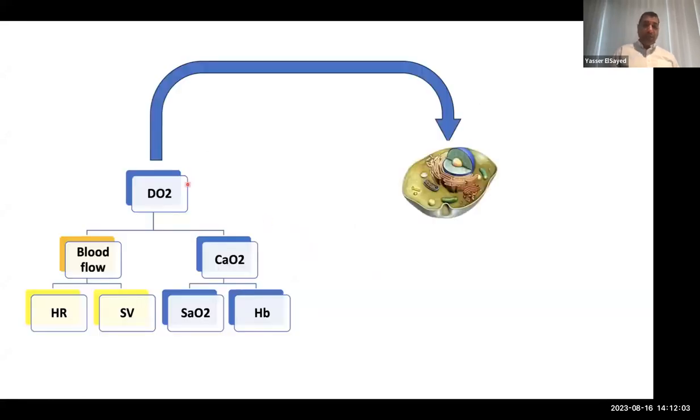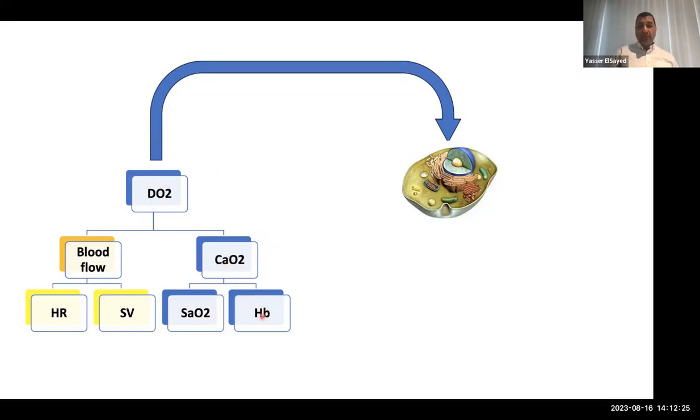So if we're talking now about oxygen delivery, which includes blood flow, hemodynamics is not only blood flow, it is about oxygen delivery and organ performance, and about everything that might maintain normal aerobic metabolism and normal function of the end organ. Oxygen delivery, as you know, is blood flow and oxygen content. Blood flow is stroke volume and heart rate.